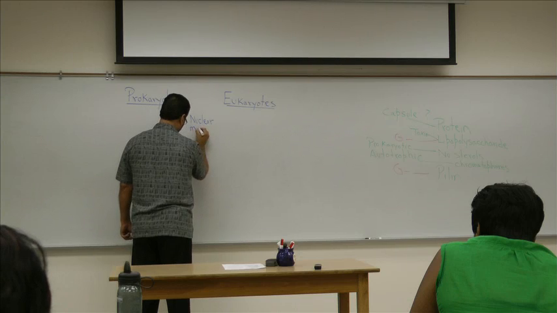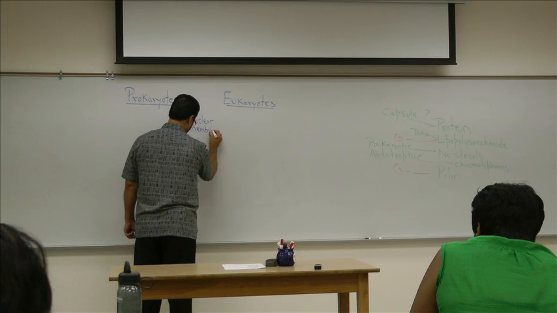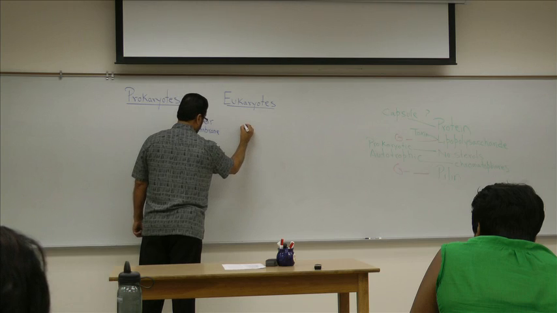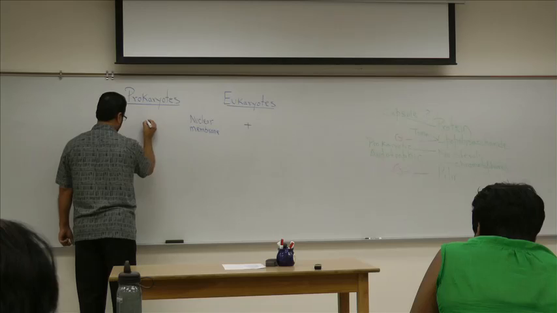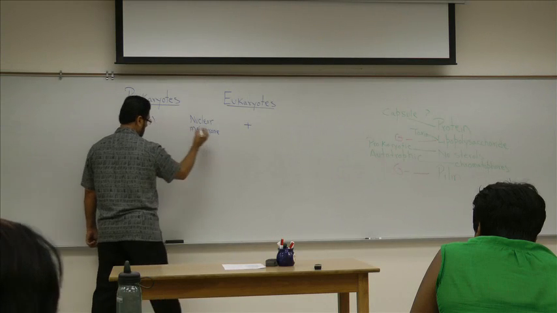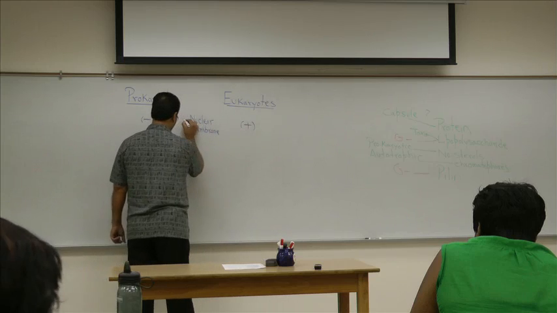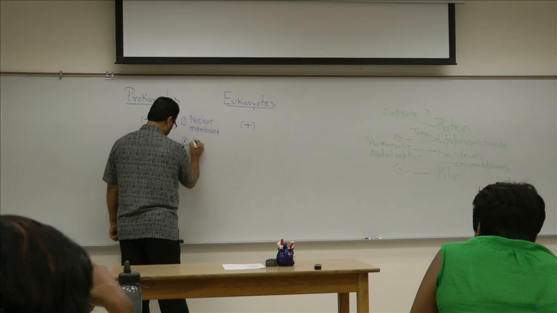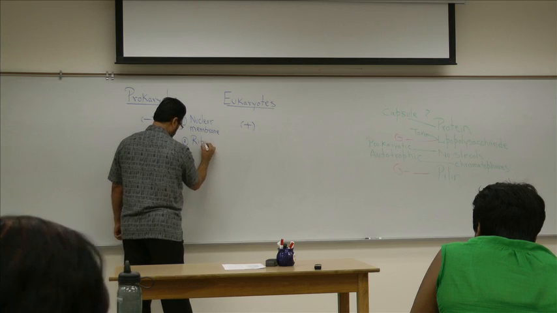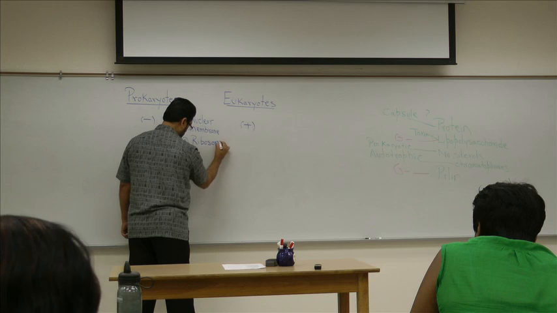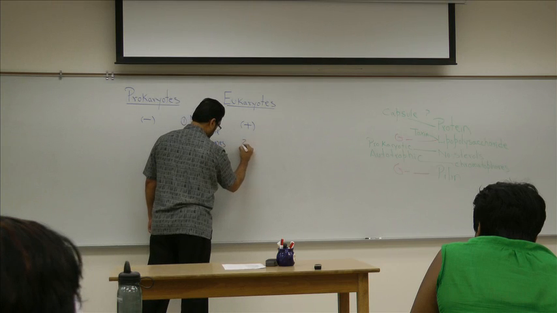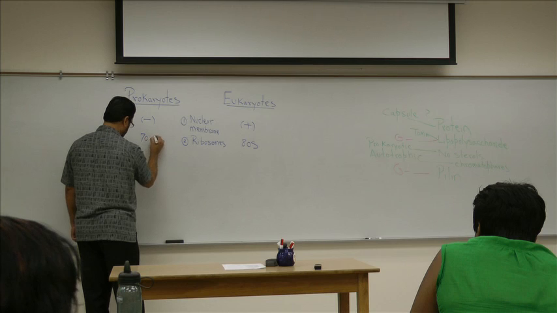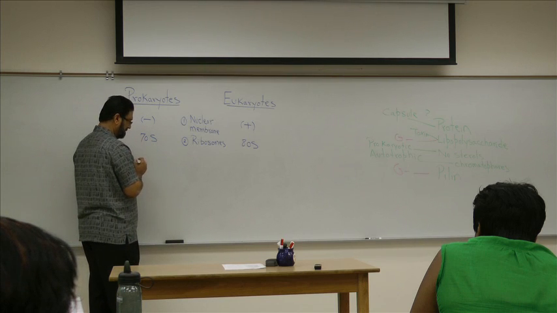Number 1, nuclear membrane: present, absent. Number 2, ribosomes: 80S, 70S.